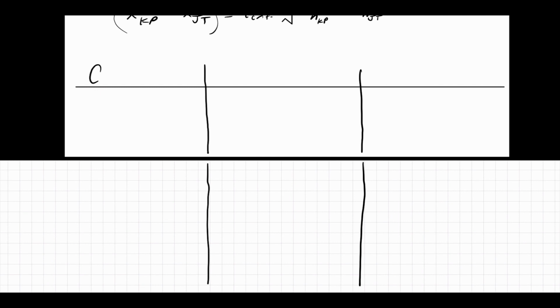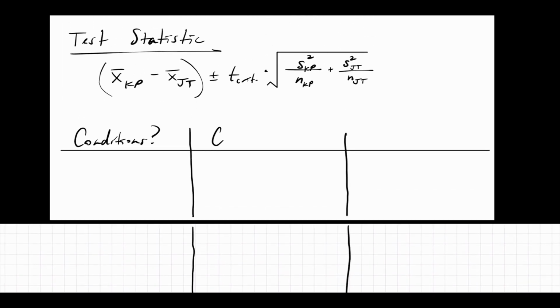So the first one is going to be for KP, so check X bar KP, and then check for JT, because they're 2 separate samples. They were gathered separately. They weren't gathered together.